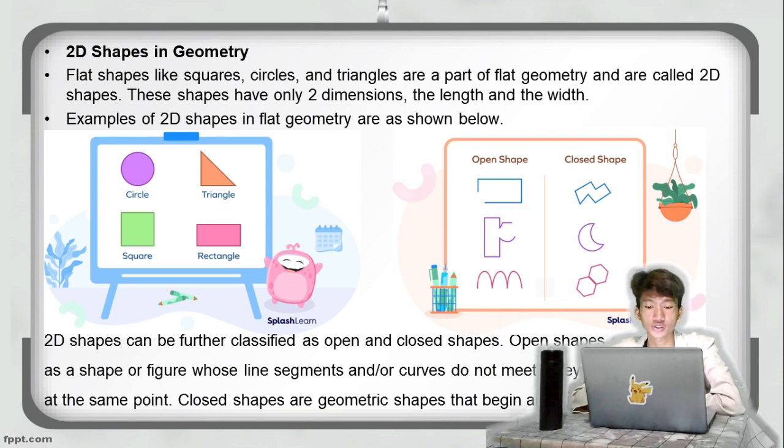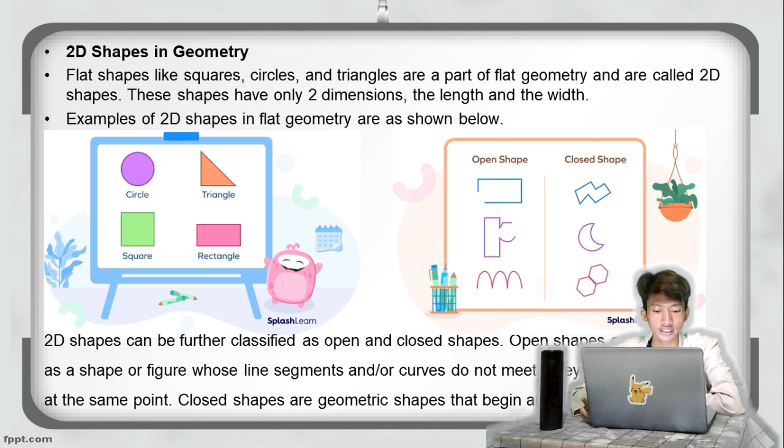These shapes have only two dimensions, the length and the width. Examples of 2D shapes in flat geometry are as shown below. In the picture below, you can see a circle, triangle, square, and rectangle as 2D shapes in flat geometry.